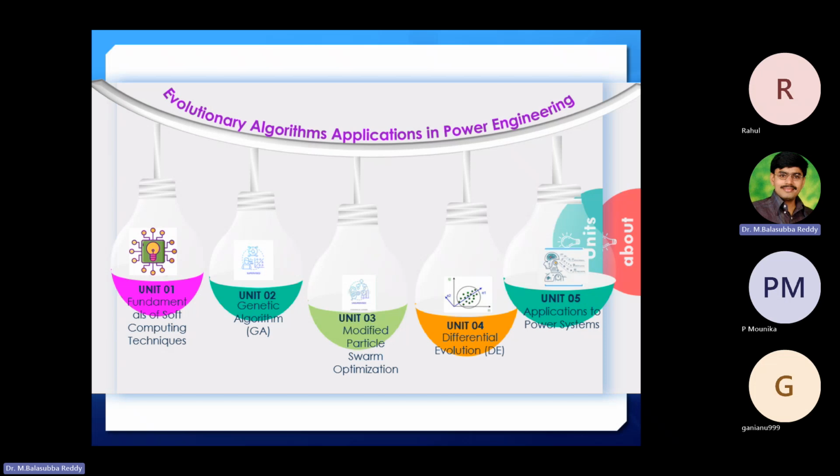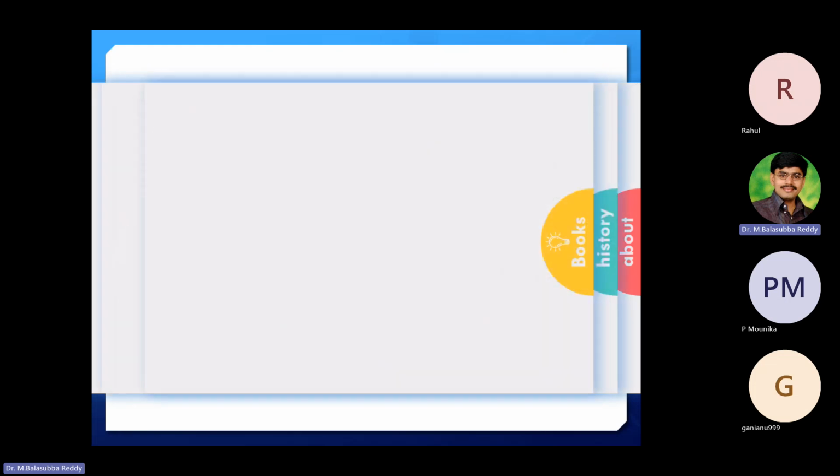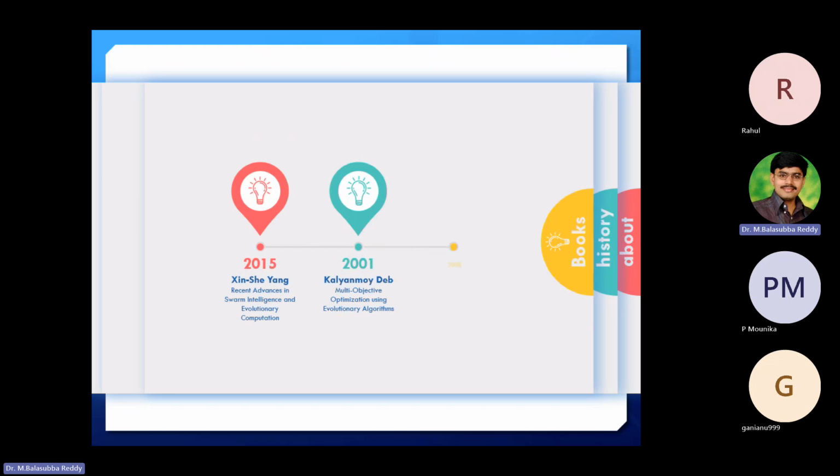So all these things we are going to apply using these algorithms. That's what we are going to do here. And now some books: a lot of books are available in the library, or online, some on Google Books also.